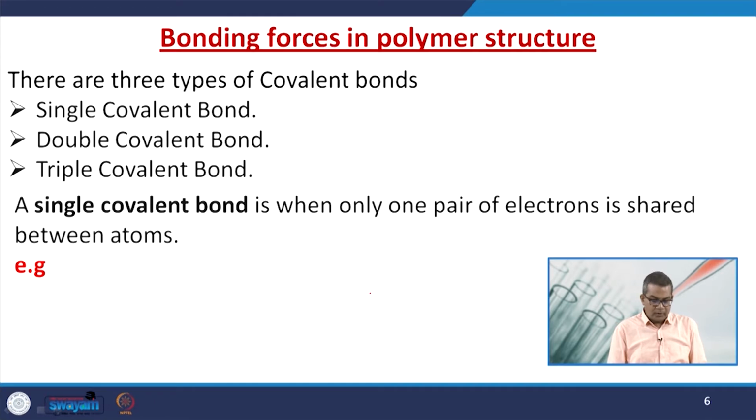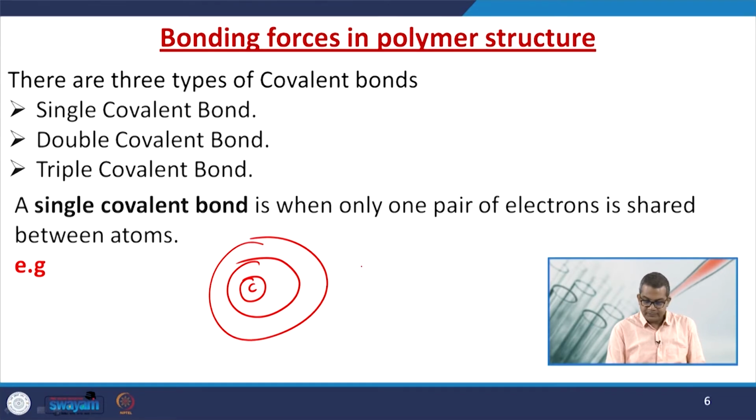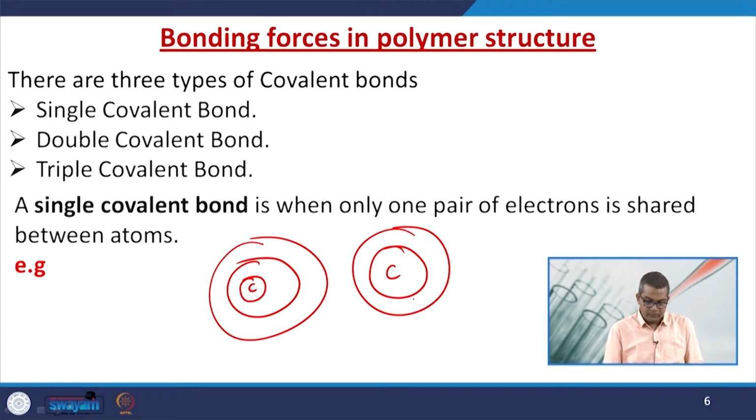Let us have a look at this particular structure. Here we have the carbon bonding. This X valence electron is available over here, and these are the Y valence electrons.